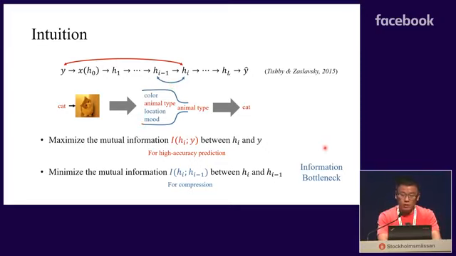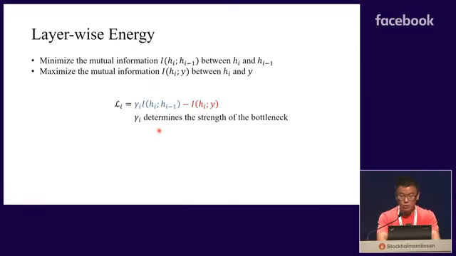This method is called the information bottleneck, first proposed by Tishby. If we add the information bottleneck, it can filter out the irrelevant information. So the layer-wise energy becomes like this. Here, gamma i determines the strength of the bottleneck. But unfortunately, this objective is intractable.